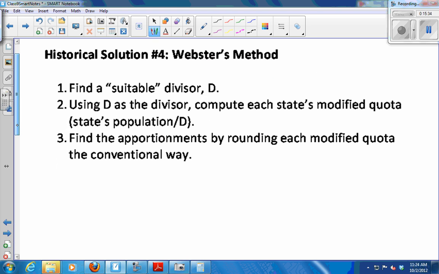Okay, so here's our fourth solution, Webster's method, after Daniel Webster. So really similar to Jefferson's and Adams'. Find a suitable divisor D. Using D as the divisor, compute the modified quotas. Then you find the final apportionments by rounding the modified quotas conventionally: 0.5 or higher, round up; lower than 0.5, round down.